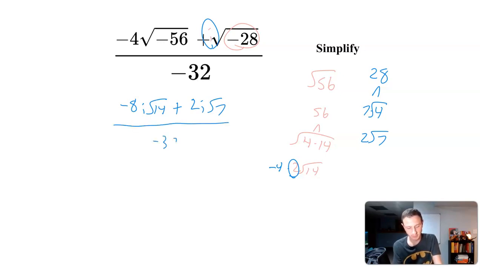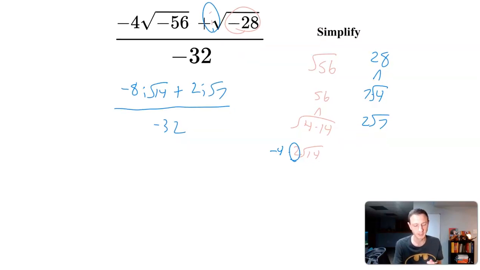So we have -32. From here, we don't really have a ton of options other than to notice that I have an 8 and a 2. So I can factor out a 2, first because I have a GCF of 2, and also because this 2 is going to simplify with the 32.